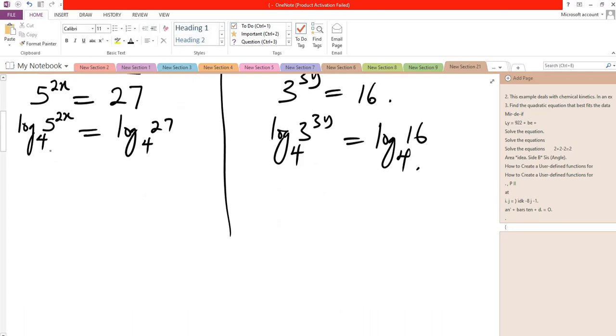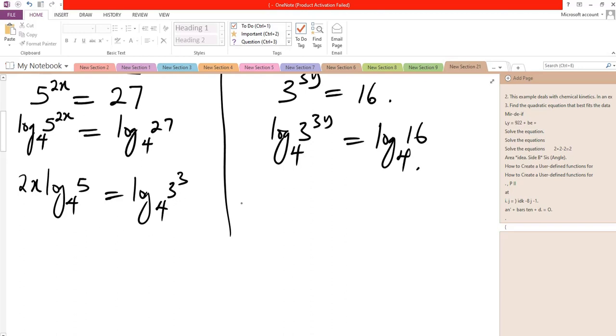Now for this, according to the law of logarithm, the left hand side will be 2 times x log 5 base 4 is equal to log 27 base 4. 27 is the same thing as 3 raised to power 3, so log 3 to the power of 3 base 4.